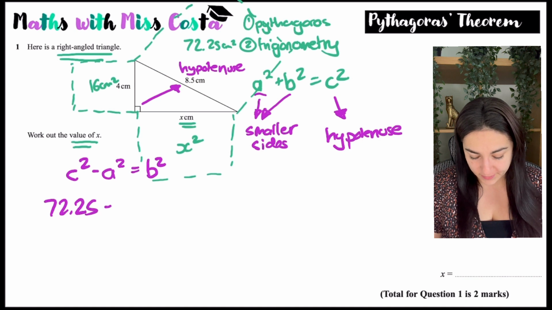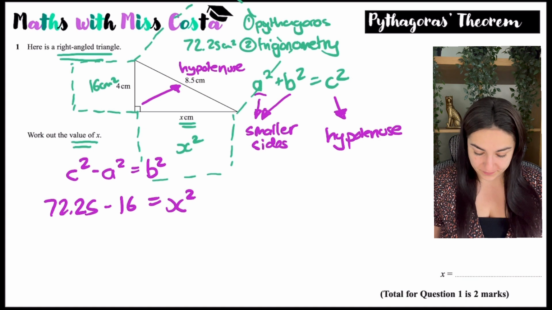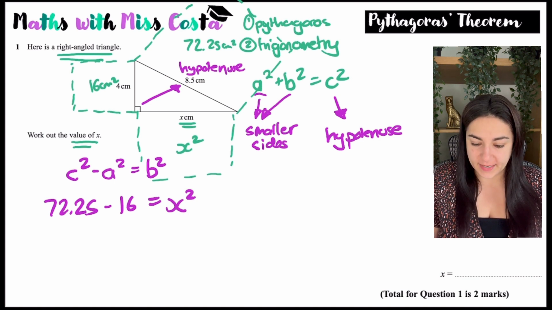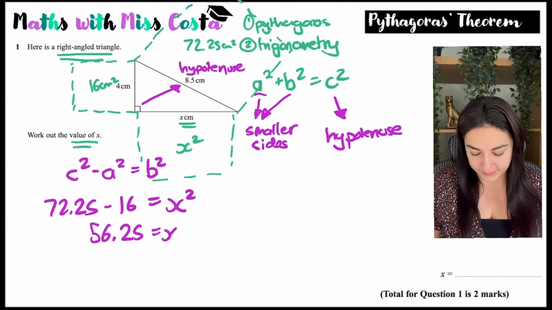So I know that 72.25 take away 16 must give me the area of the square over here, x squared. So I can just type that into my calculator and it leaves me with 56.25 equals x squared. So I know the area of this square here is 56.25.